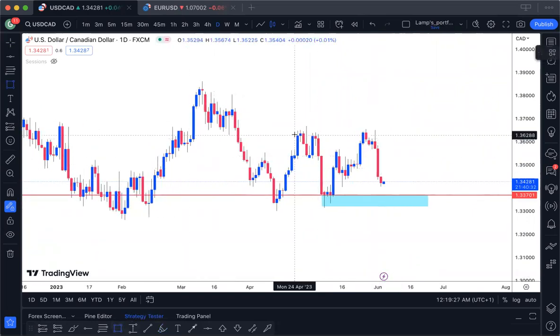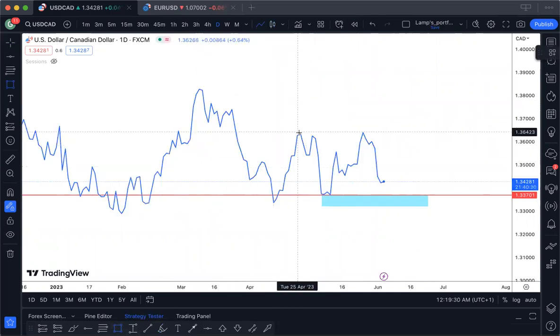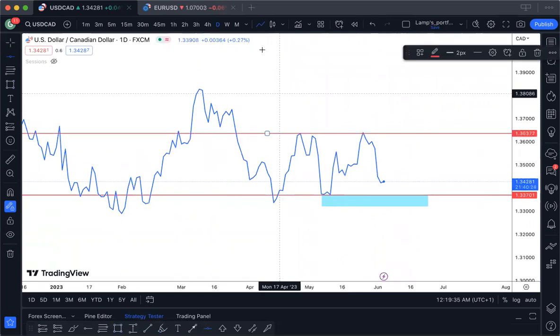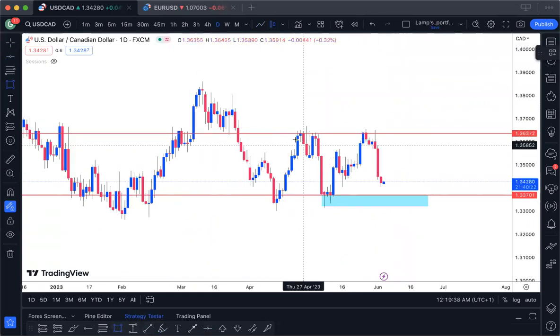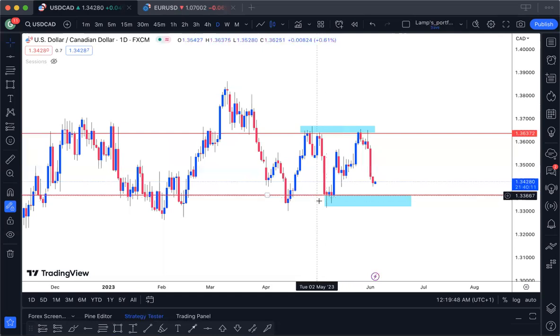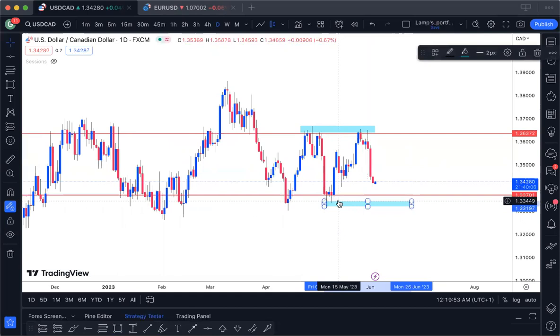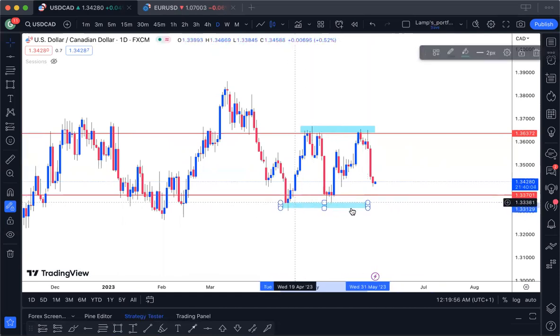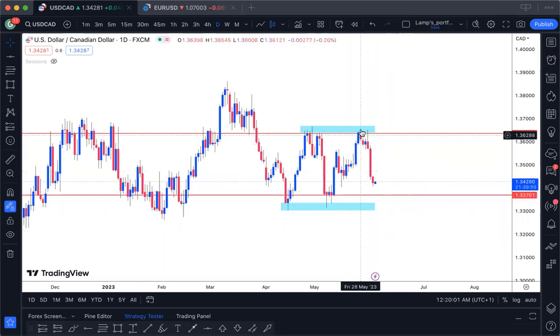You see how the market came to react on this major level. We mark it, and we mark the zone. These are the two major zones to look at. Last week we could have marked this as a major zone, and you see how the market came to react in that zone for the major buy and tapped here for the sell.